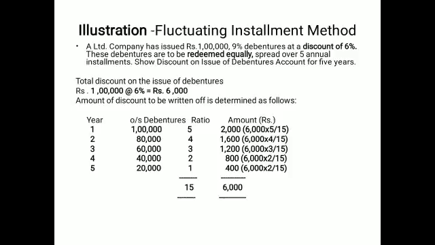This value is to be used for passing the journal entry: statement of profit and loss account debit to discount on issue, or sometimes maybe loss on issue. So when passing it, first year 2,000, then 1,600, then 1,200, then 800 and then 400. The entry is the same, but the value changes when the method is fluctuating. In the fixed installment, the entry and the amount will be the same.